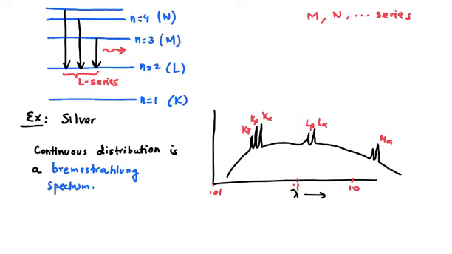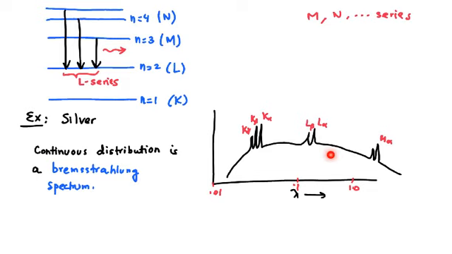Along with these K, L and M series, you also see that silver shows this kind of continuous distribution as well, and this continuous distribution is a Bremsstrahlung spectrum. So over the Bremsstrahlung spectrum you have K, L, M, N X-ray line spectra.